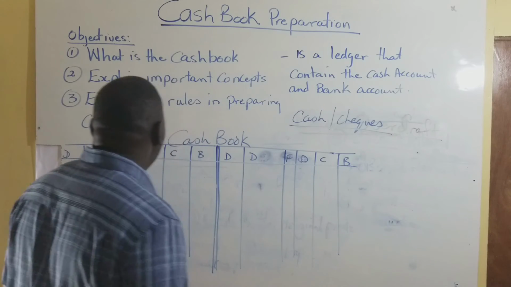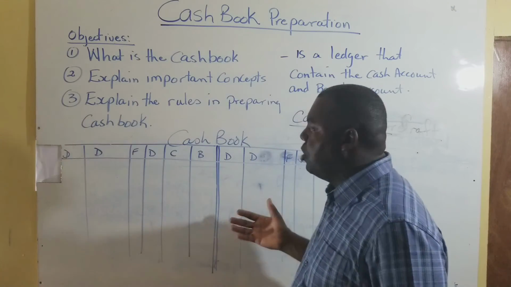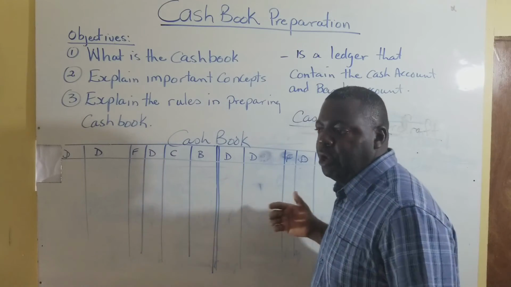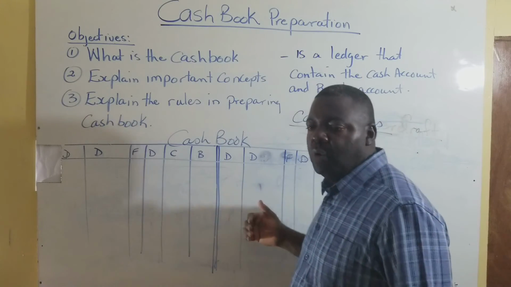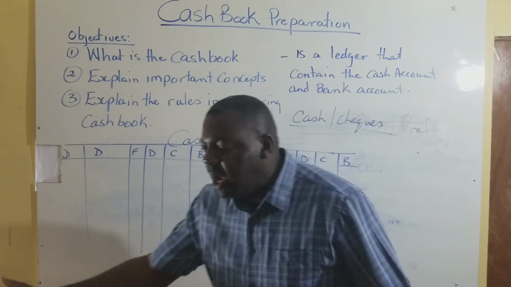So we're saying that whenever the business is receiving money, because the cash book looks at the flow of money, money flowing in and flowing out, money going out and coming in.